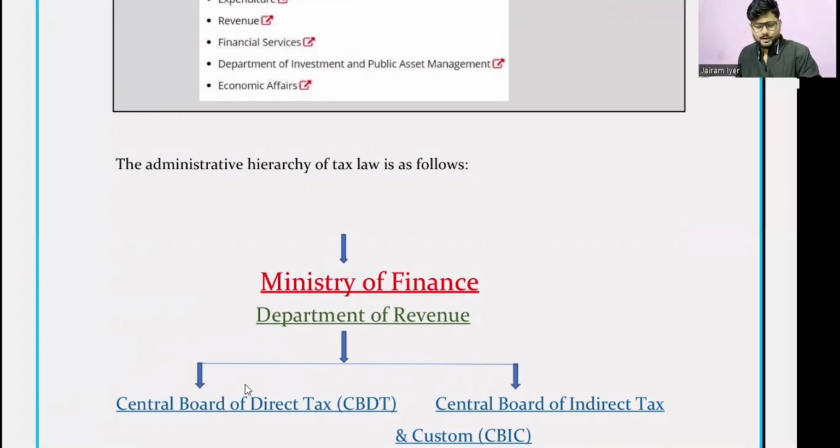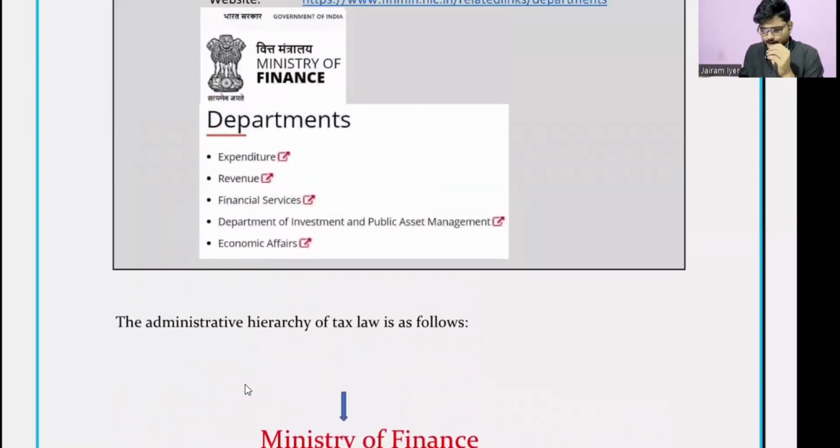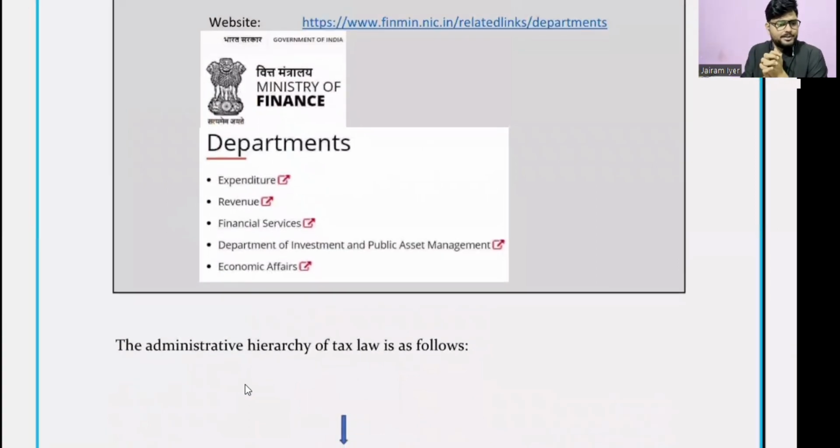I'm not talking about what work we are doing, but about what we have done: we have separated the work. Similarly, the administration is also separated into different departments. Have you heard about the Ministry of Defense?